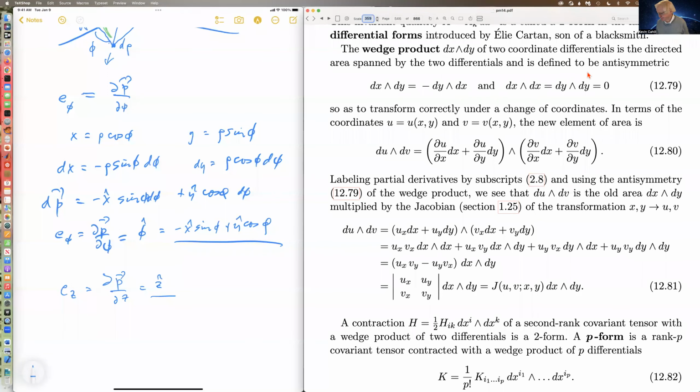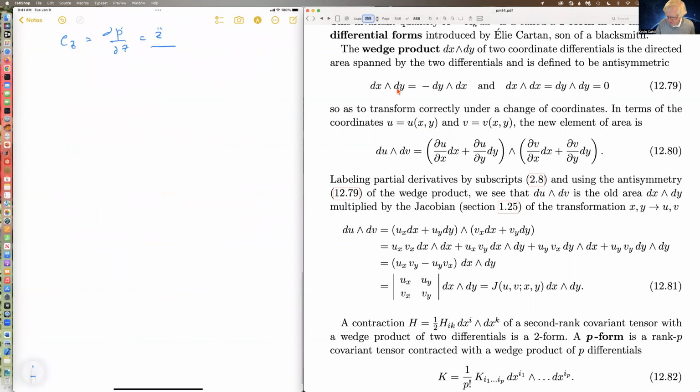And in recognition of that, dx wedge dy is minus dy wedge dx. If this is dx and that's dy, and then the area is this rectangular parallelepiped. Actually, maybe you weren't seeing that.